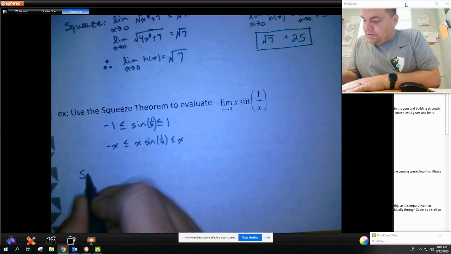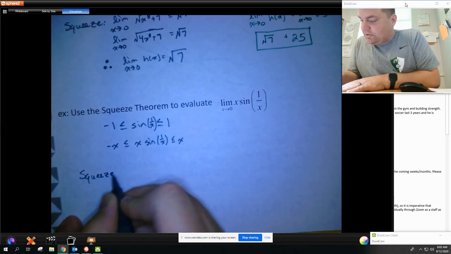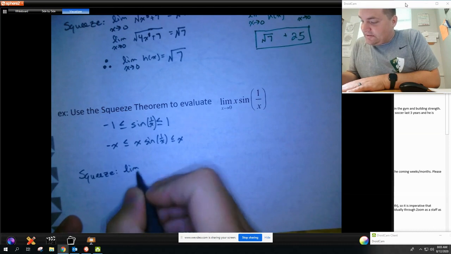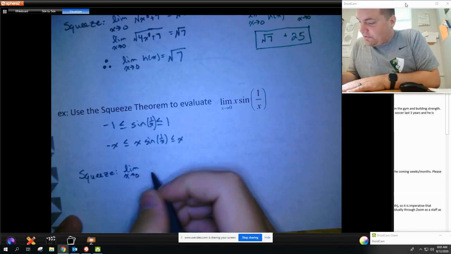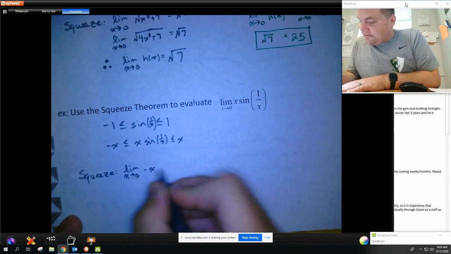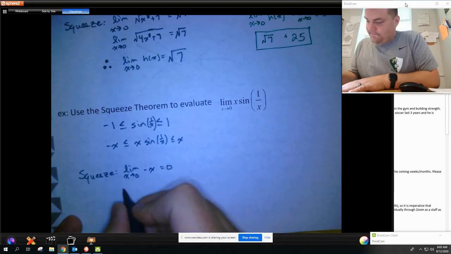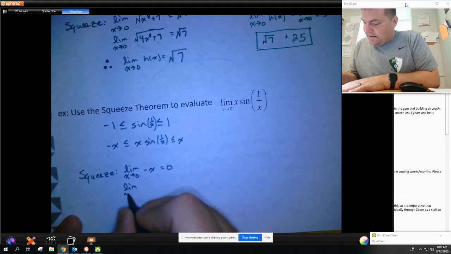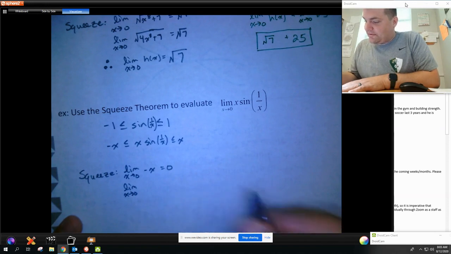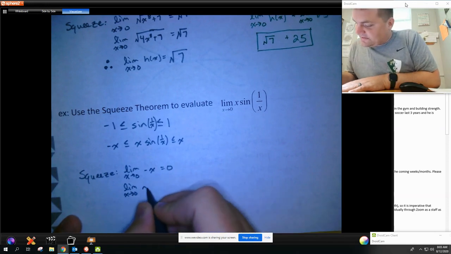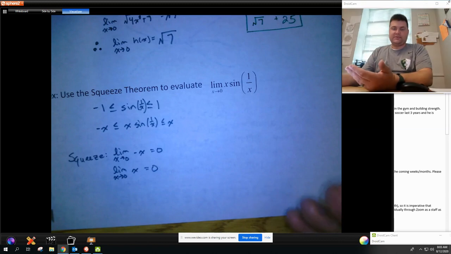So let's go ahead and use the squeeze. The limit as x approaches 0 of -x is indeed 0. The limit as x approaches 0 of positive x, it's also 0.